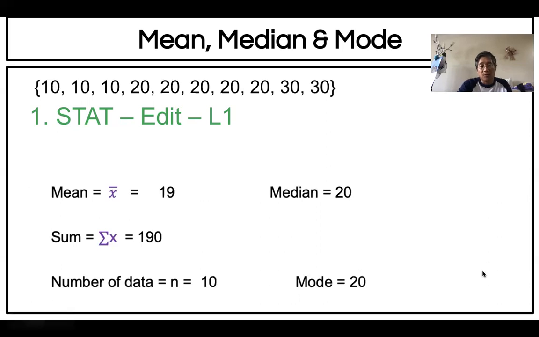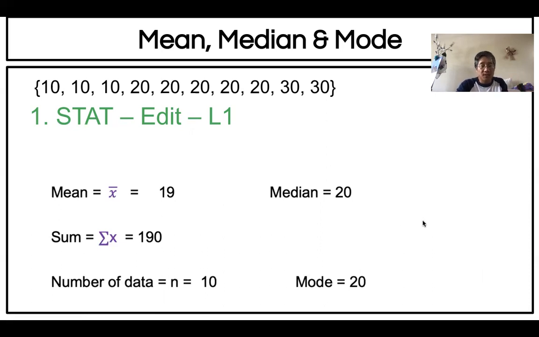When you enter all these numbers in L1 and use one variable statistics, you get this. But now, instead of putting this, sometimes you will get more organized data like this one.